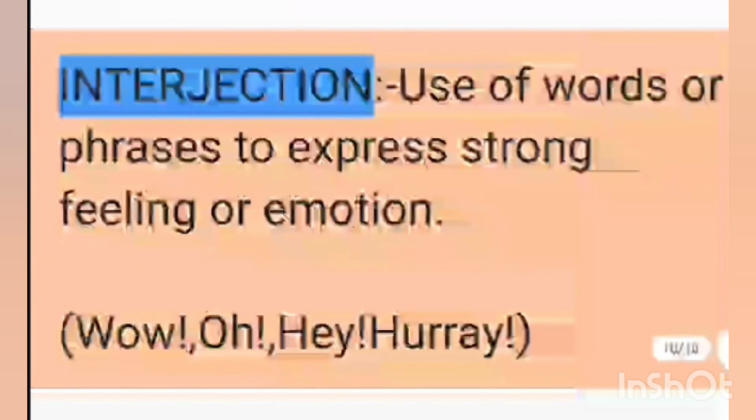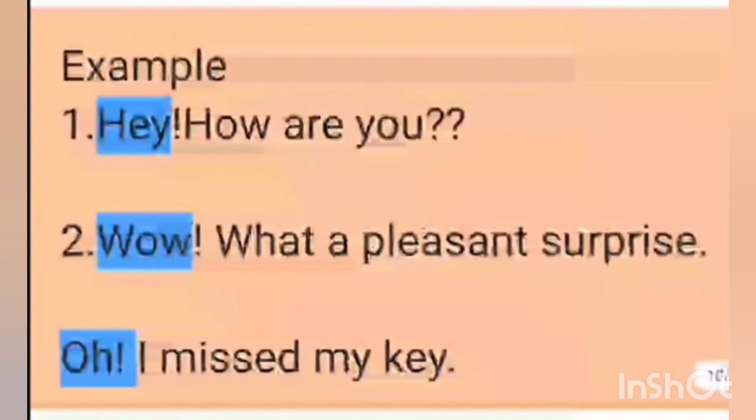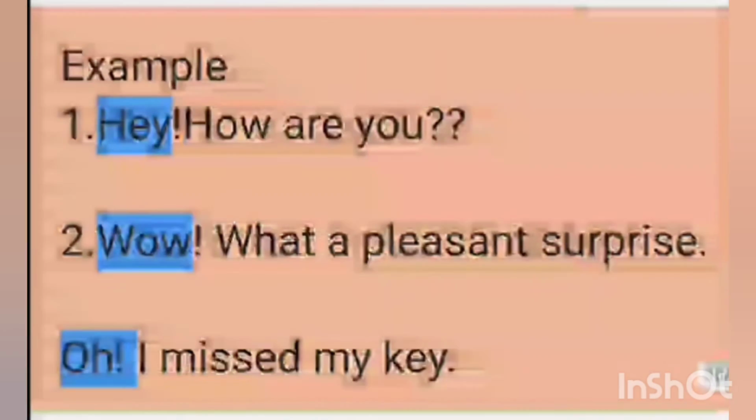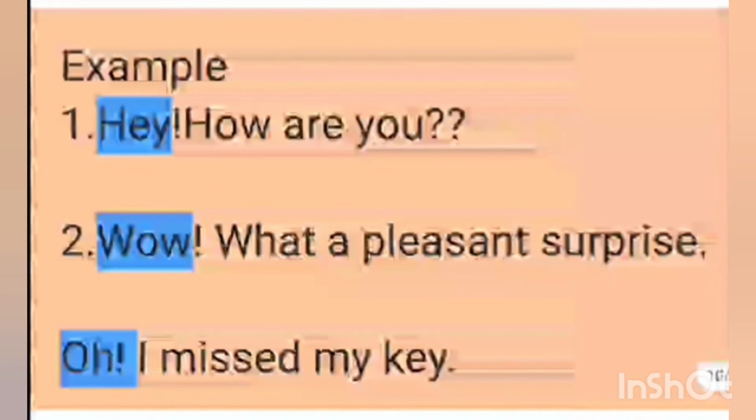Let's see the example. Wow, oh, hey, hooray. All these are words of interjections. Let's see few more examples. First example, hey, how are you?